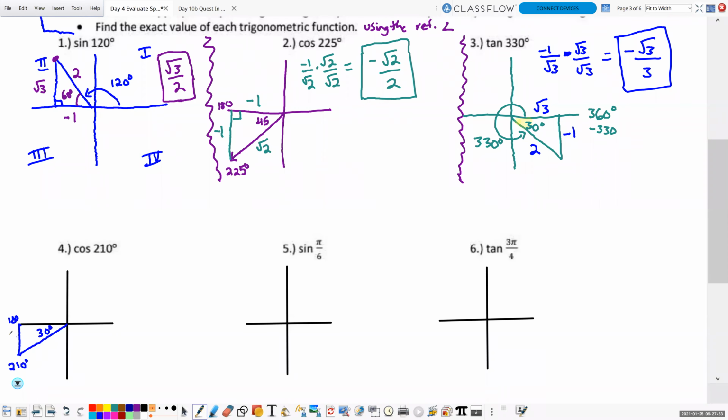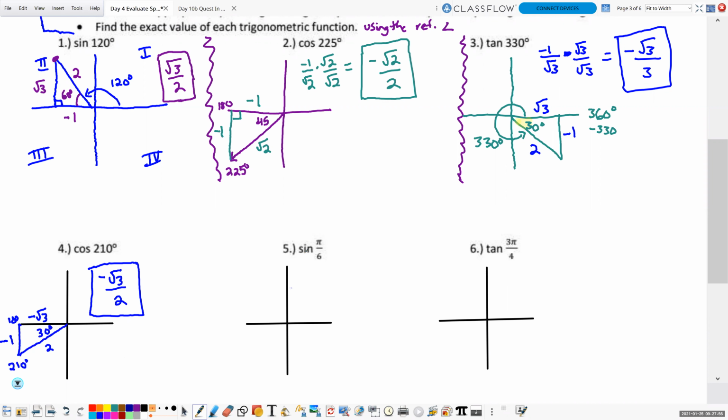Sometimes I put in, I know this is 1, I know this is 2, I know this is root 3, but then I have to think I went left root 3 and I went down 1. So the cosine of 210 is negative root 3 over 2.